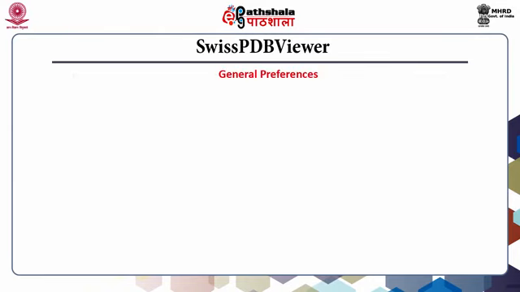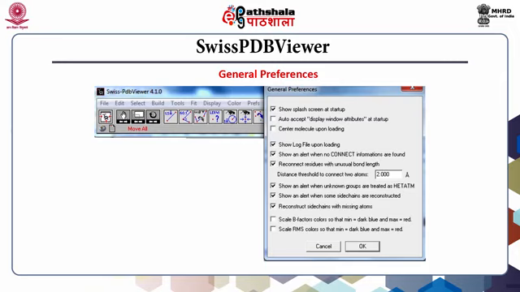In the General Preferences dialog box, check the choices you are interested in. In case you don't want to see the splash screen at startup, uncheck this checkbox. You can also uncheck the checkbox in case you are not interested in alerts when unknown groups are treated as het atom upon loading a structure.